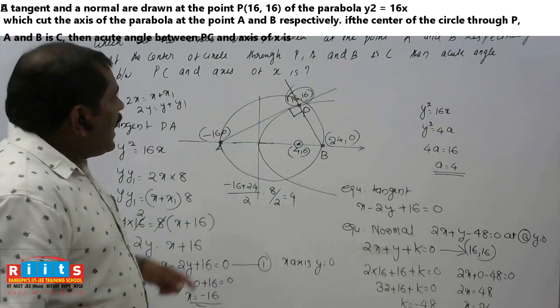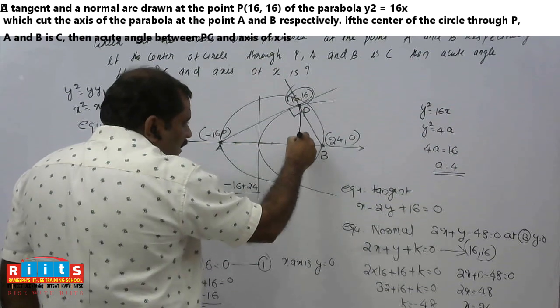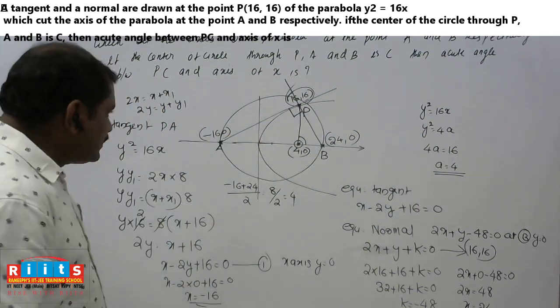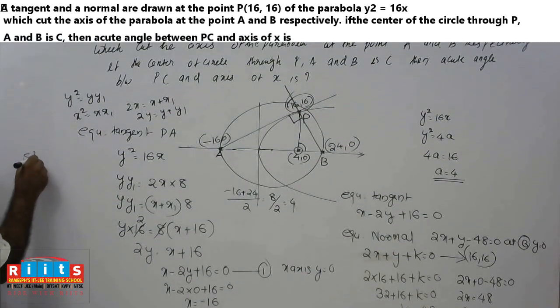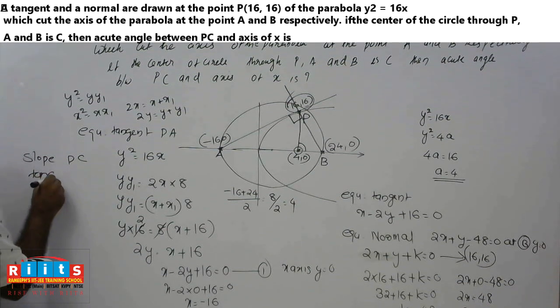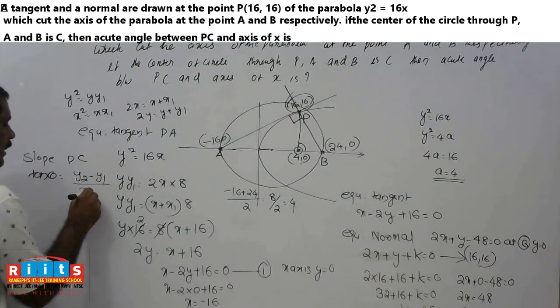Find the acute angle between PC and the x-axis. PC is this. What is the acute angle? Find the slope of PC. That is tan theta is equal to y2 minus y1 divided by x2 minus x1.